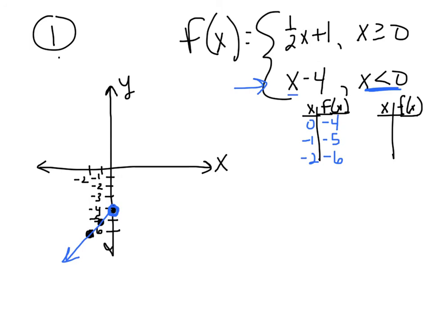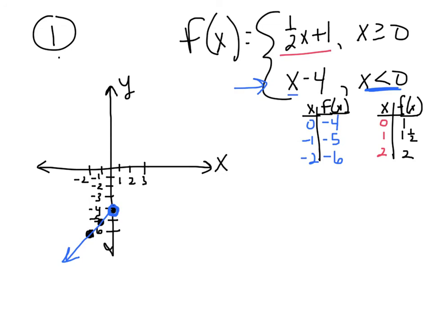Now, once I hit 0, my numbers go up. I use the first function, 1/2 x plus 1. So 1/2 of 0 plus 1, that'd just be 1. 1/2 times 1 is a half, plus 1 is 1.5. And a half of 2 is 1, plus 1 is 2.